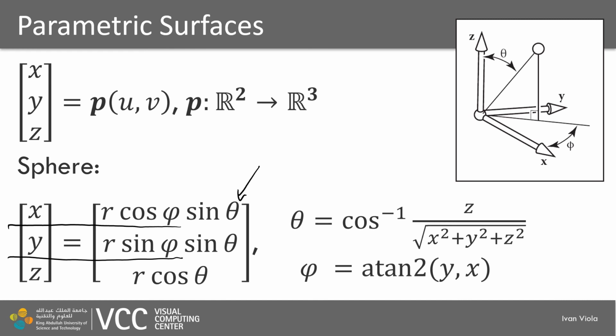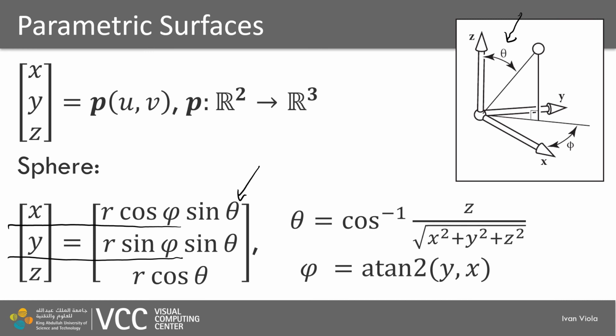We can see theta here on this drawing, and it is an angle which is spanned between the point and the z-axis. Now, if a point is on the z-axis, this theta will be 0, and if it is lying in the xy plane, for example, it will have 90 degrees.